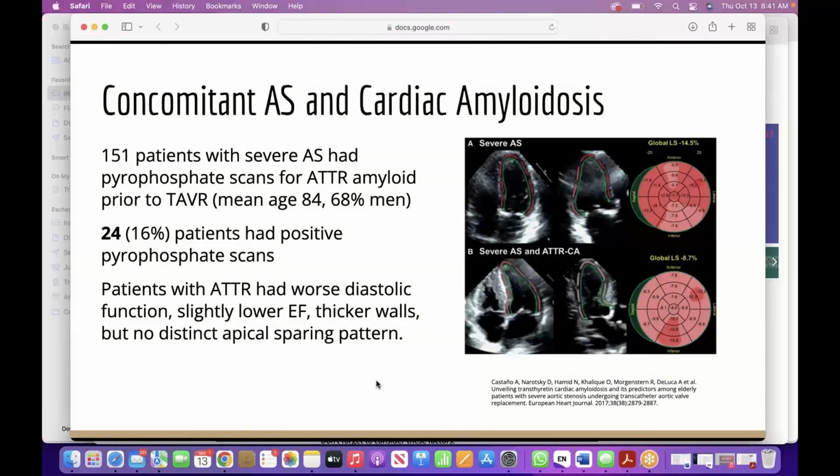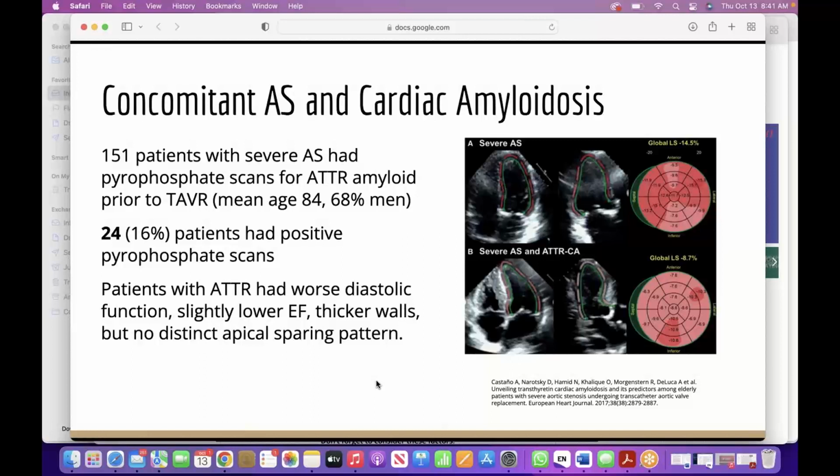Another thing that I think is interesting and emerging is the presence of concomitant severe aortic stenosis and cardiac amyloidosis. In this analysis of 151 patients with severe AS by pyrophosphate scans, 24% of patients who had severe AS going for TAVR also had amyloidosis.